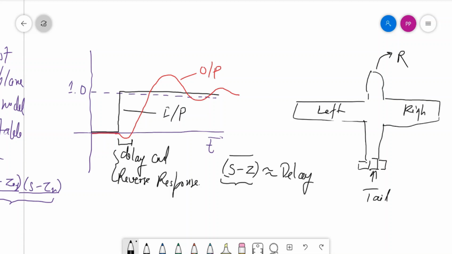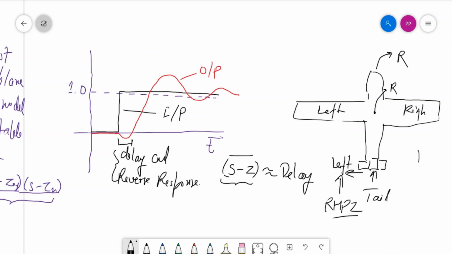Gradually, the center will take the right turn like this, but you will see that the tail will have a left turn. This is because of the RHP zero dynamics; the tail will take the left turn.